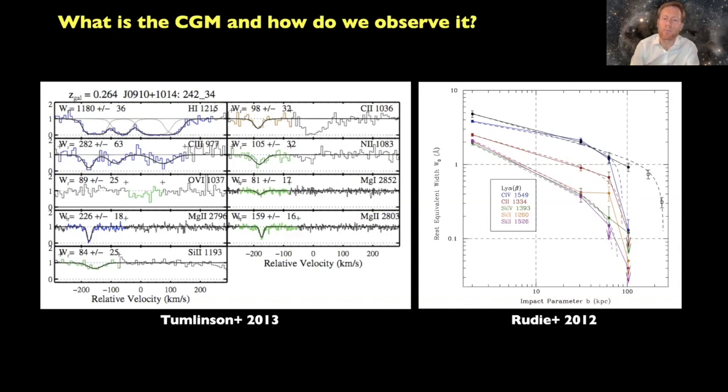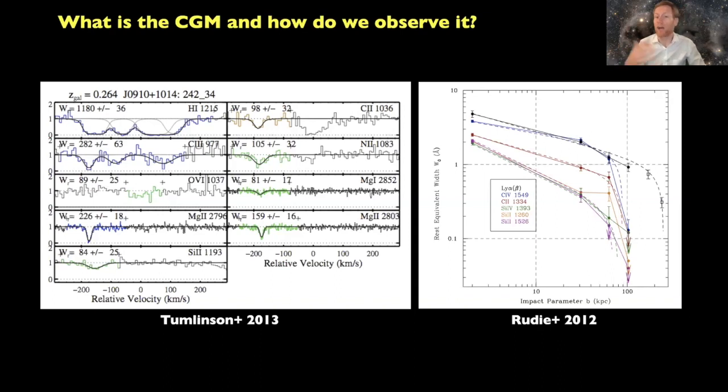So that's the y-axis on the plot on the right. And then how close that line of sight is to a central galaxy, which is the projected distance from that galaxy, or the impact parameter, and you can plot it up as is done on the right side. So the right side plot is essentially showing you how much stuff there is and how far it is away from the galaxies.